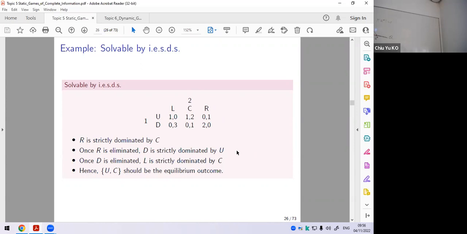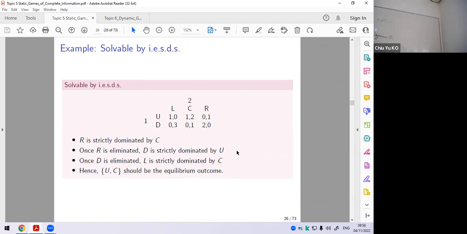Once it is a 2x2 game, U is better than D, so you remove D. Then C is better than L, so you are left with just C. Just keep doing this.